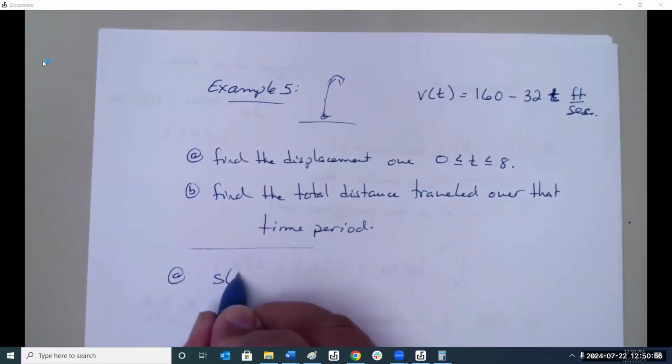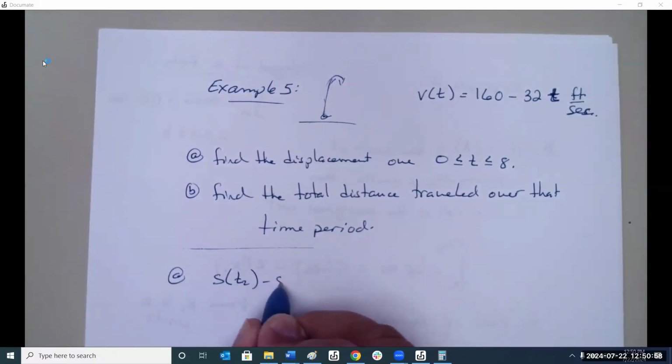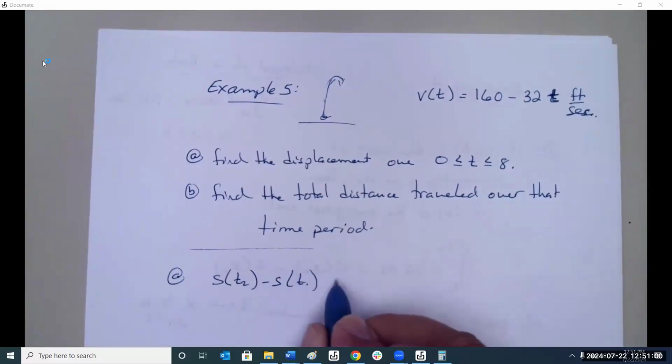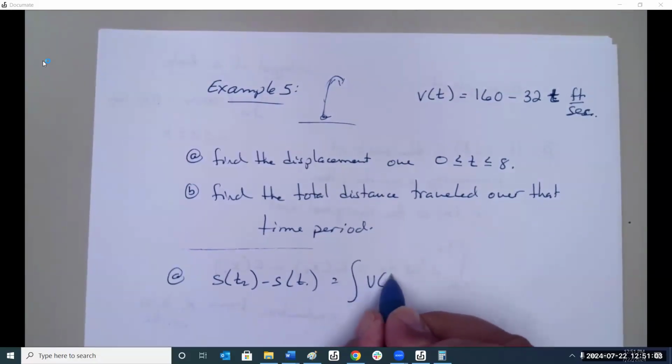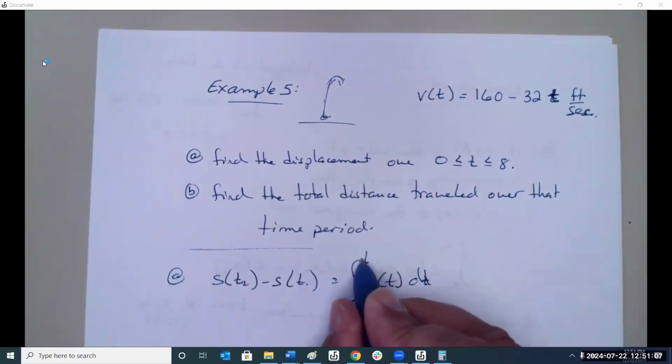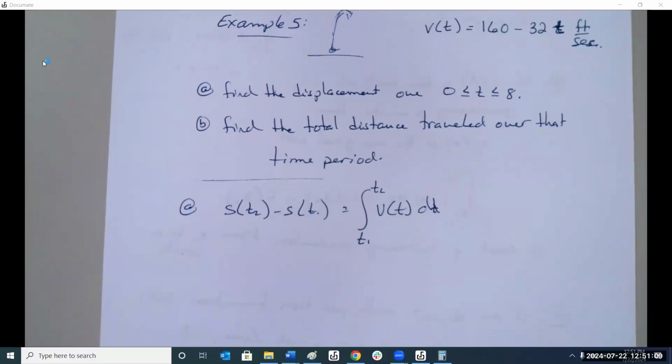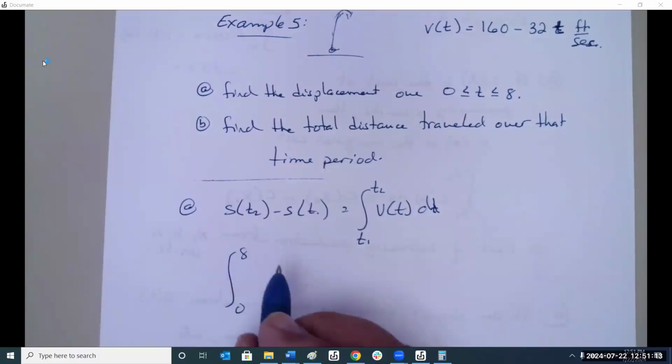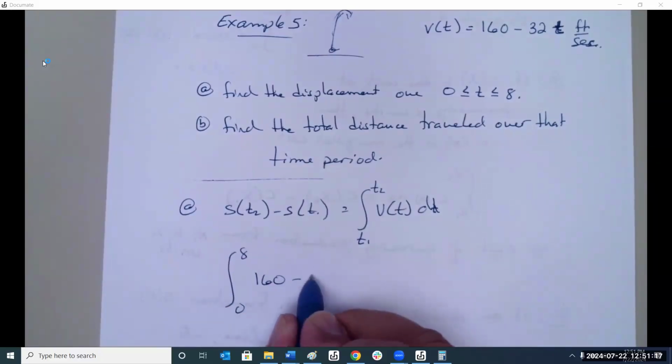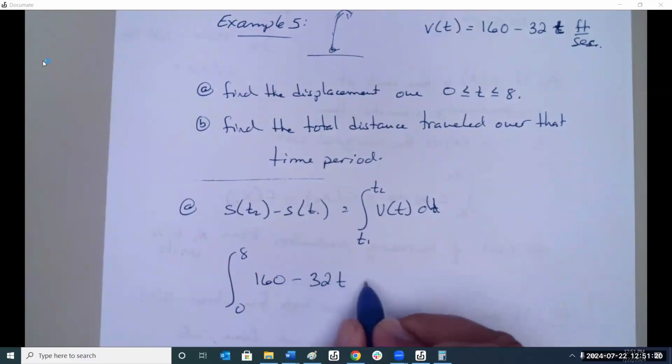So S of t2 minus S of t1, which is the integral of our velocity function. So that means we got to take our velocity function from 0 to 8, 160 minus 32t dt.